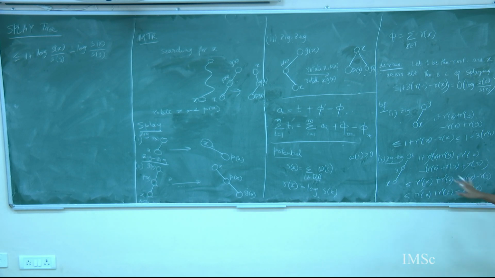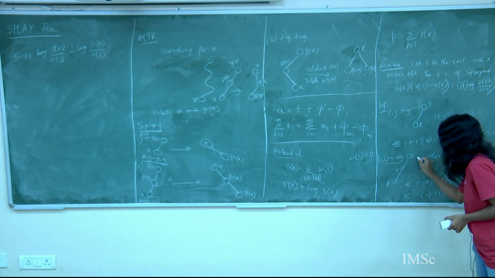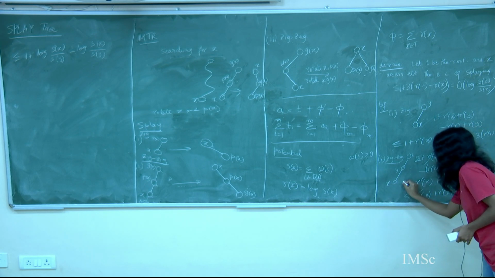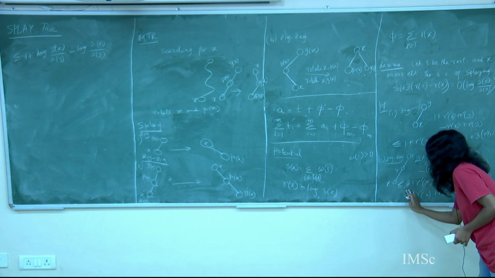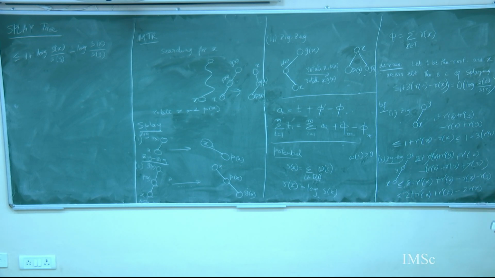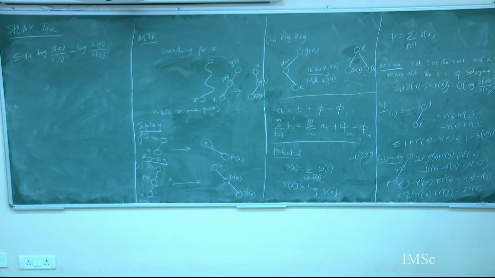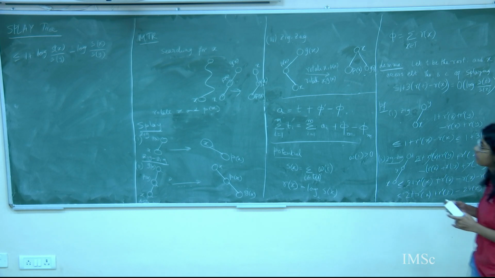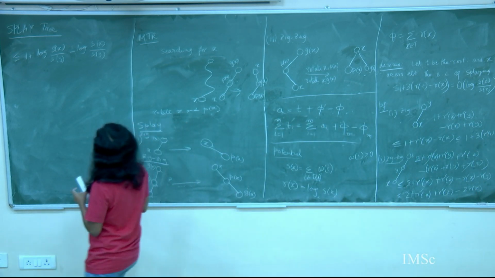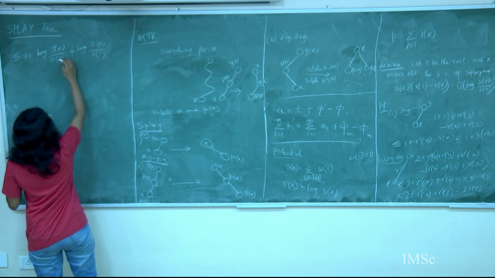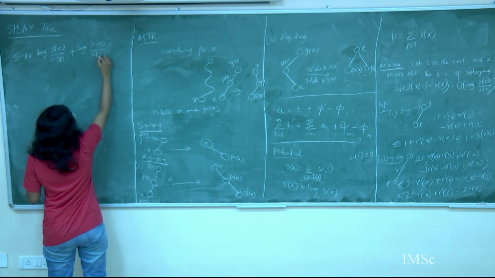And here it is not 1. We have done 2 rotations, so it's 2 plus. So then this will become plus, this will become x.